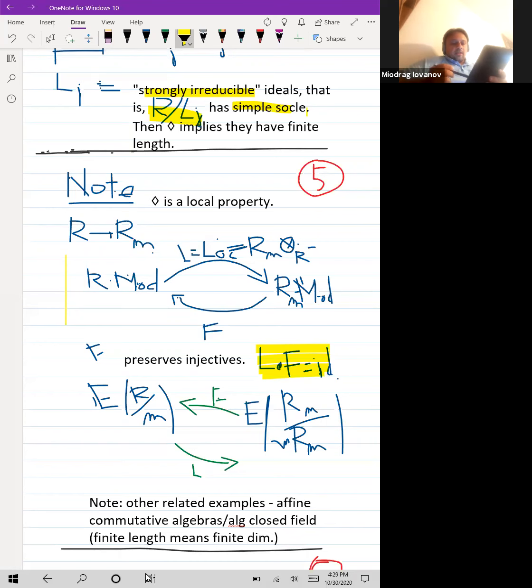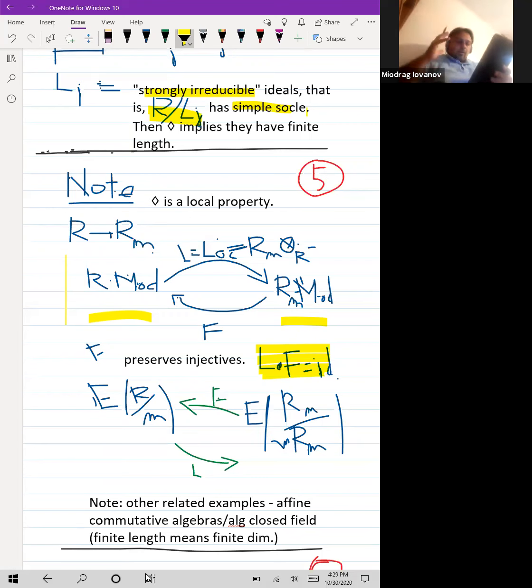So that means that the injective hull of the simple module in the category here is transported via the functor in here, which essentially means that in order to take the injective hull of a simple module, you only need to take extensions, and you need to sort of complete it with respect to simple modules of the same type, in a sense.